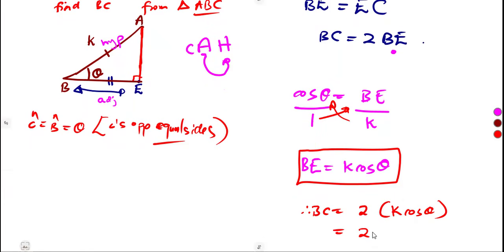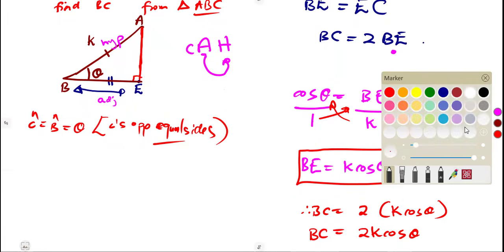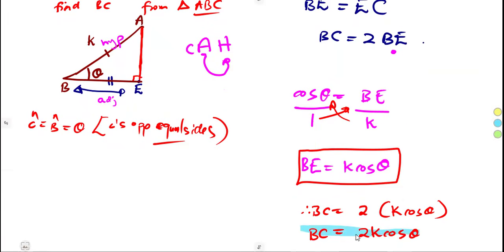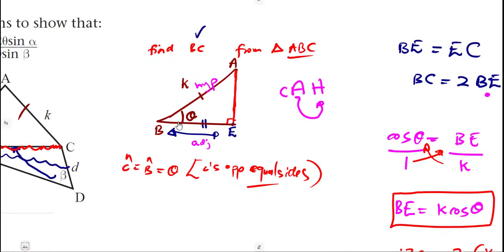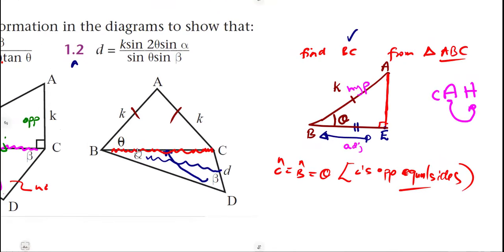So that gives us 2K cos of theta. That's our BC, which is very important to the triangle that has the letter D, the triangle that we left, triangle BCD.